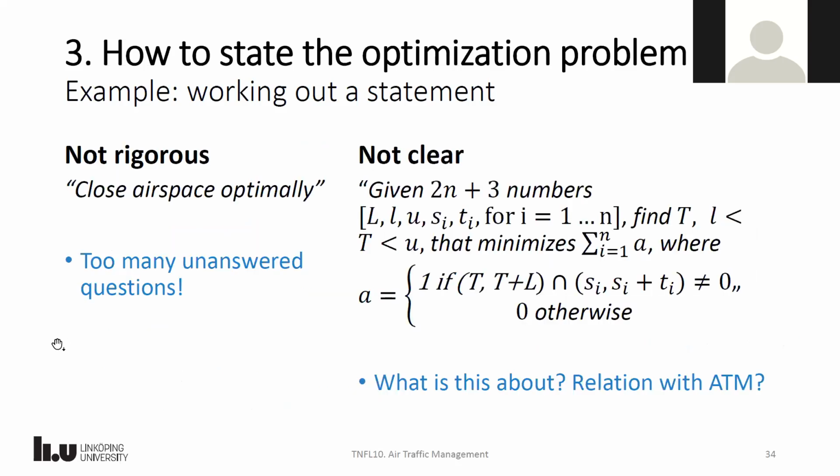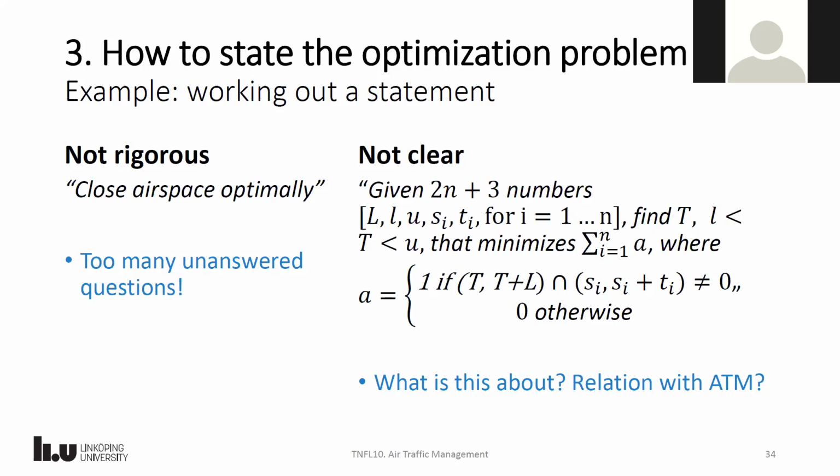So again, with the rigorous versus clear debate, if we say over here, we want to close the airspace optimally, this is not rigorous at all. There are too many unanswered questions about all that we saw. And if we say this, given blah, blah, blah numbers, find T, where T is between these two numbers, that minimizes the sum of blah, blah, blah, we are stating the mathematical program of the problem, but this makes no sense if you don't provide any further explanation.